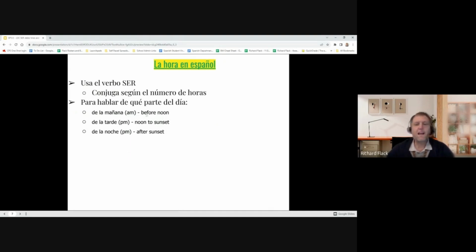If we want to add on some detail, like it's 8 o'clock in the morning or 8 o'clock in the evening, this is how we say. So add these notes to your packet. We're working on the time, la hora. So this page with all the clocks. Add this information maybe at the top up here where there's a little white space.